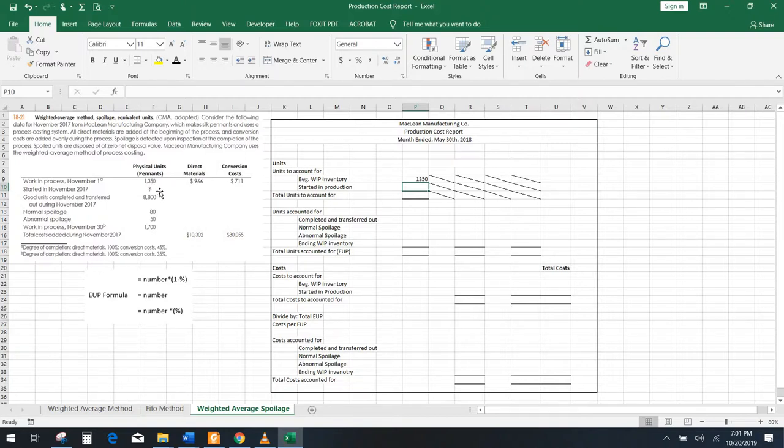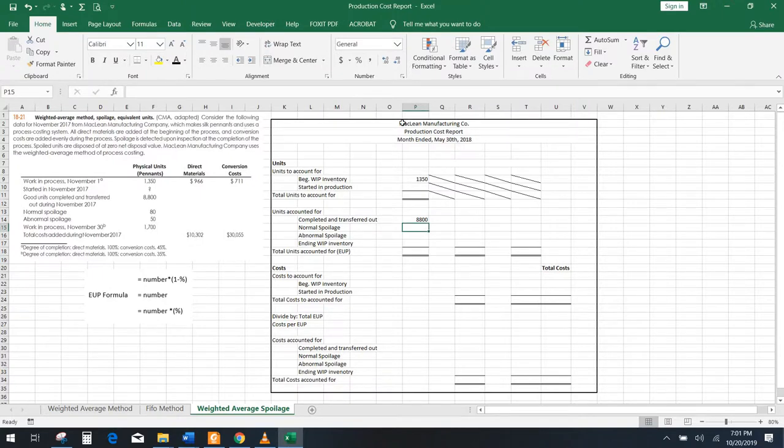So started in production, it doesn't give us that number. So we'll have to move down here to the units to account for. We know good units completed and transferred out 8,800.